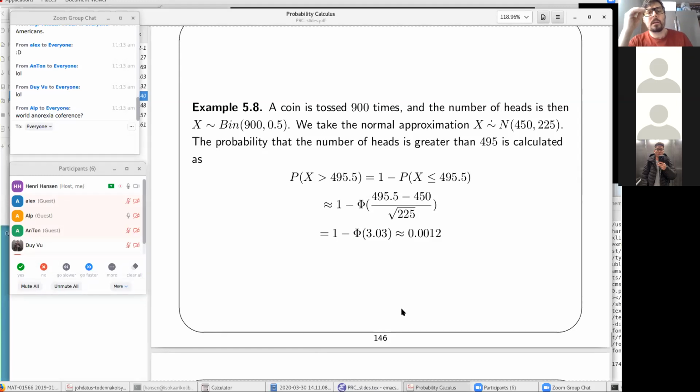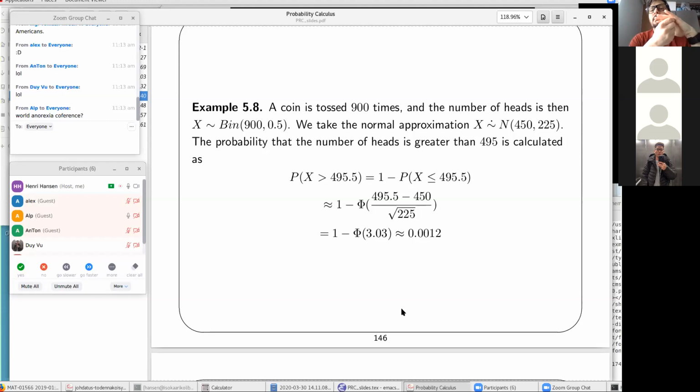All right. A coin is tossed 900 times. The coin has a probability of landing heads of 0.5 and tails 0.5. We make a quick sanity check: 900 times p is 450, and 900 times 1 minus p is 450. So we're good. This is definitely going to be very closely normally distributed. We take a normal distribution approximation with mean 450 and variance 225.